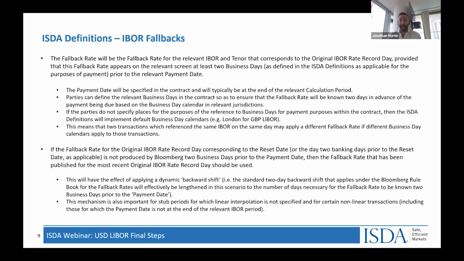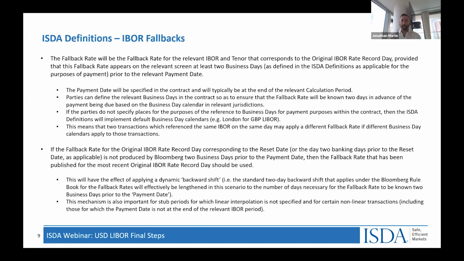Now, this basically has the same effect as dynamically shifting the accrual period that Bloomberg calculates the fallback over. So obviously, as Jonathan explained, there is an offset lag of 2 business days. That was implemented to ensure that for the majority of cases, the fallback rate will be able to be published by Bloomberg 2 business days prior to your payment date, but not all the time.